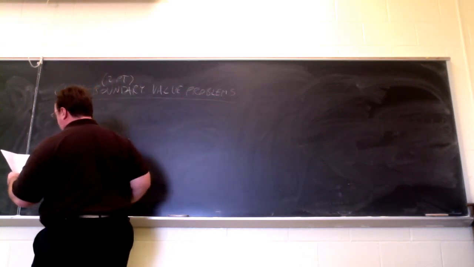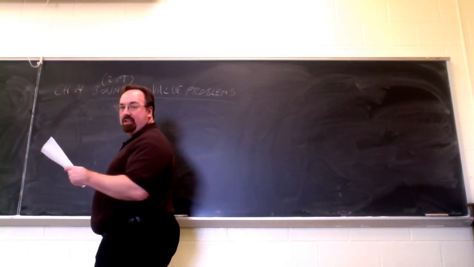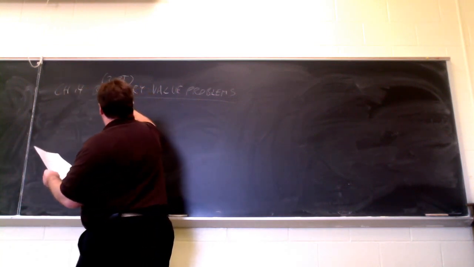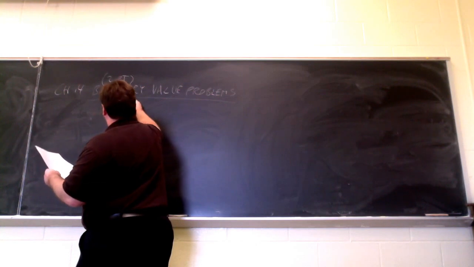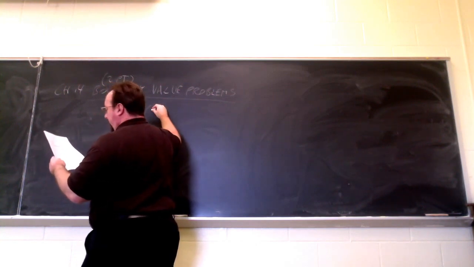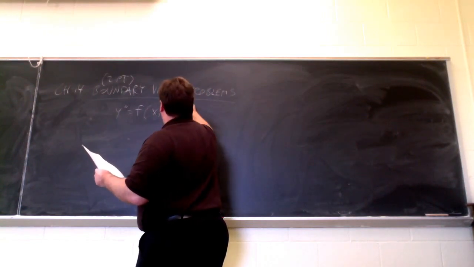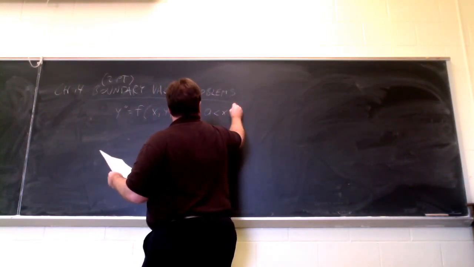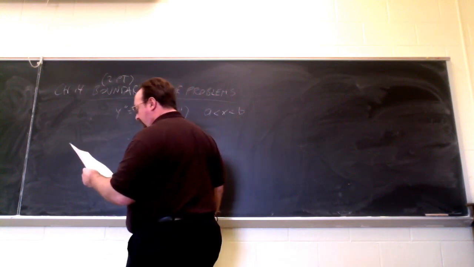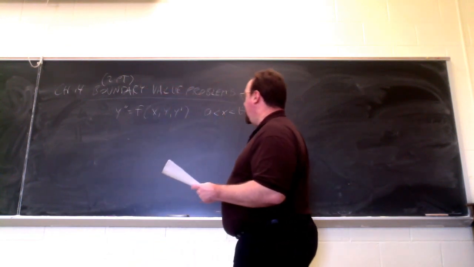Okay. So what we're looking at is a two-point boundary value problem. So we're just working in one space dimension. Our general form is y double prime is some function f that depends on x, y, and y prime on some interval [a, b]. So a second order ODE.